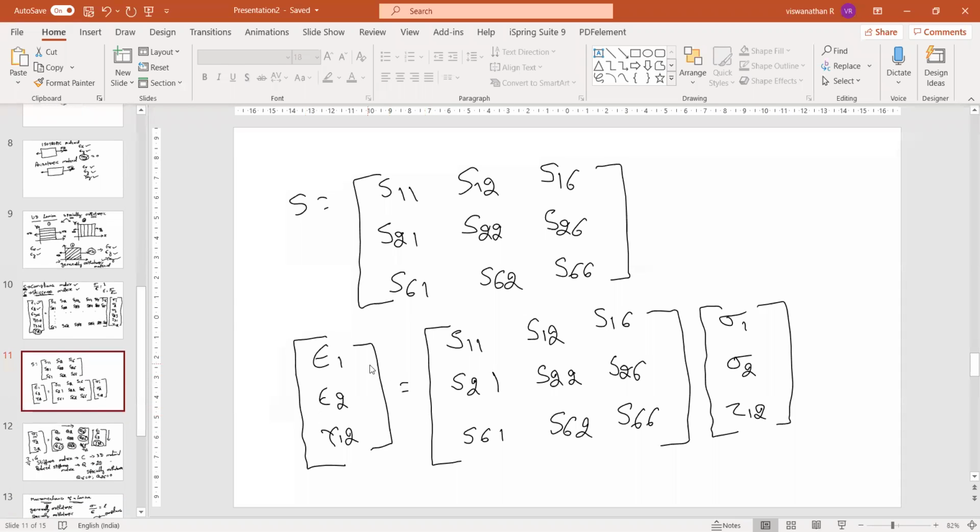Both are local matrices, meaning this is 1 2 and this is 1 2, so we are dealing with the material axis.